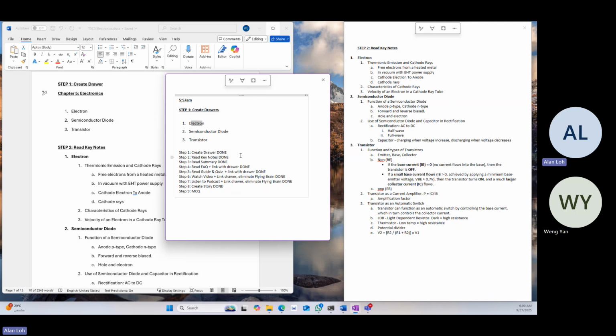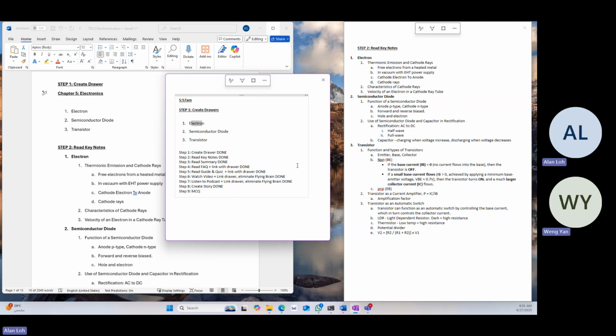I remember that. There are factors that influence thermionic emission, I think there are 5 factors. There's like type, the plating, I think it was potential difference, the surface area, and there were characteristics for cathode rays. Yeah. They move in a straight line.